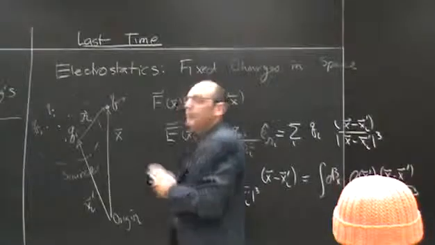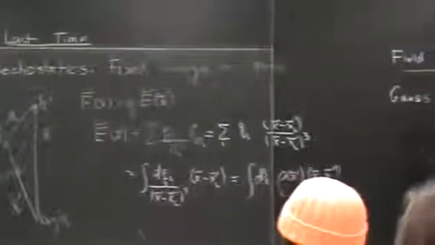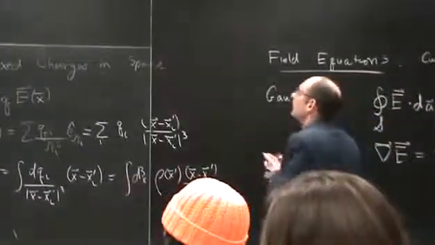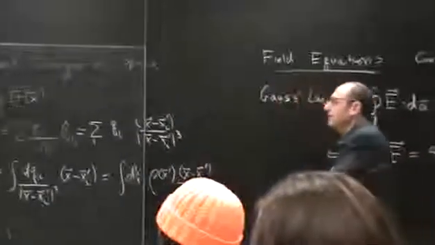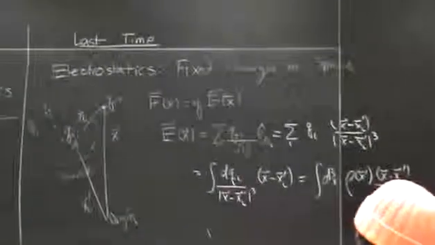Okie dokie. So last time we were laying down these foundations for electrostatics. This is looking at the problem when we have charges that are fixed in space. And Coulomb's law is the foundation there.